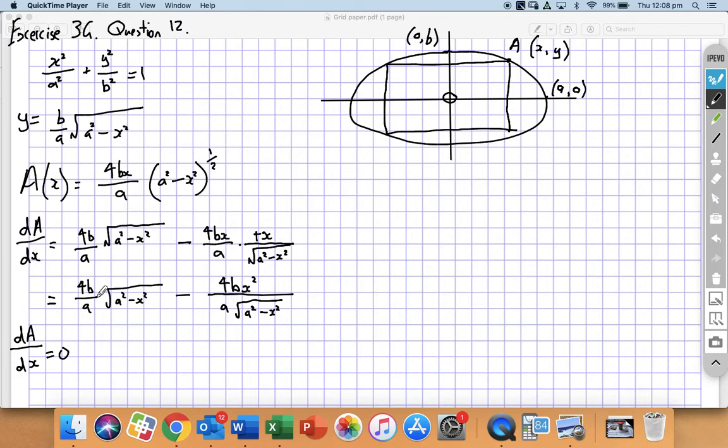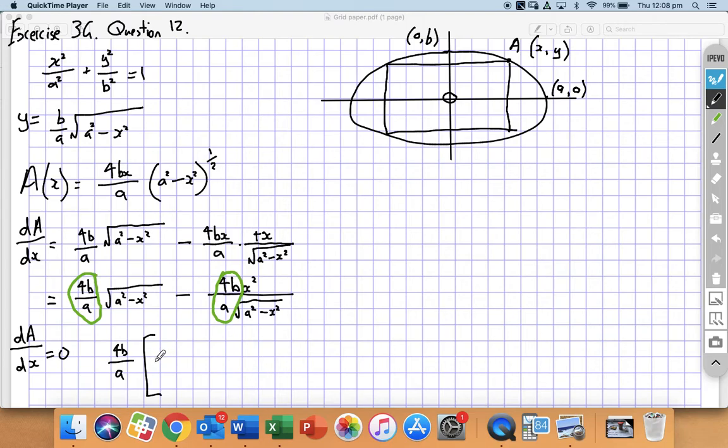And what I'm going to do is I like the way that I've got a 4b on a here and a 4b on a here that look ripe for pulling out of this expression, this equation as a common factor. But that's really an optional move, okay?